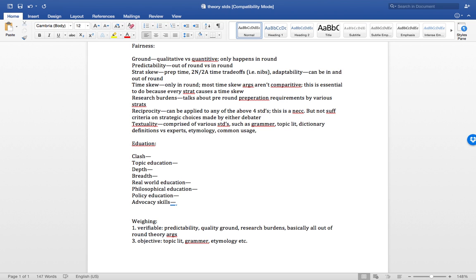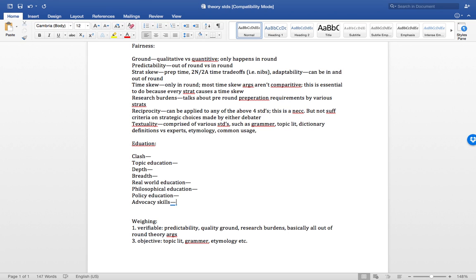Cool. So I think the easiest place to start with this analysis is to just group together topic ed, real world ed, phil ed, and policy ed. So what is common about all 4 of these?